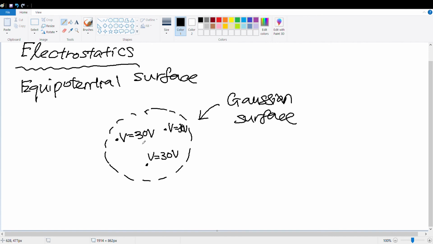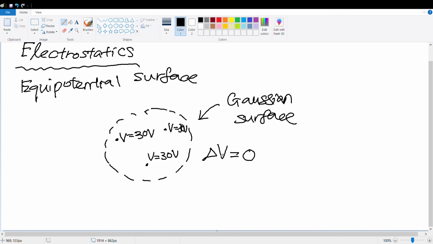Since the electric potential at any point on this equipotential surface is equal, such as this Gaussian surface, for example, the potential difference, delta V, is equal to 0.